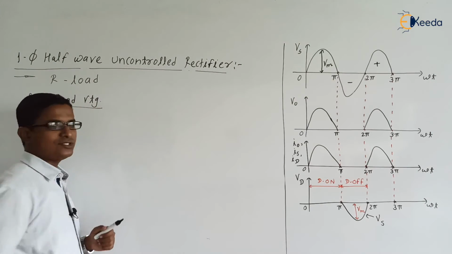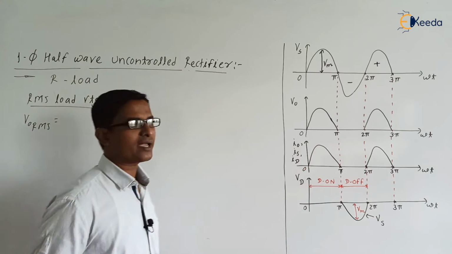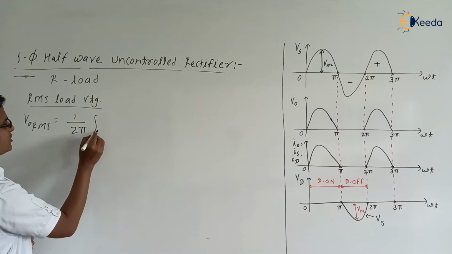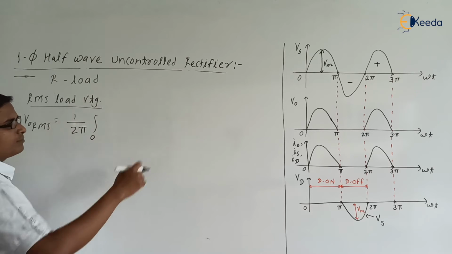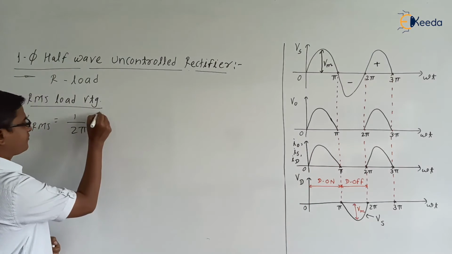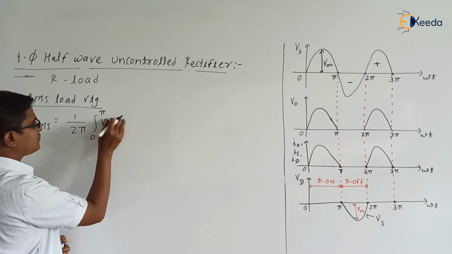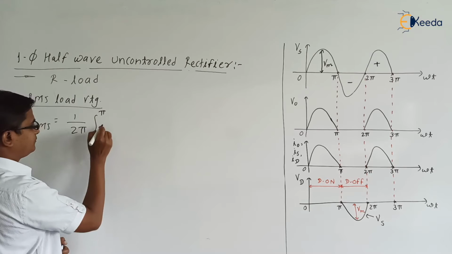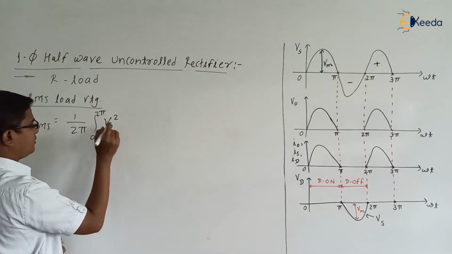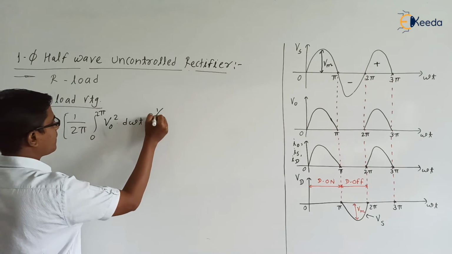So V0 rms is equal to, here again V0 has the periodic angle 2 pi, so it is 1 by 2 pi, integration from 0 to 2 pi actually, but from pi to 2 pi it is 0, so I am taking it as only 0 to pi. We need to square the instantaneous values, so V0 square, integration 0 to 2 pi of V0 square d omega t, to the power 1 by 2.